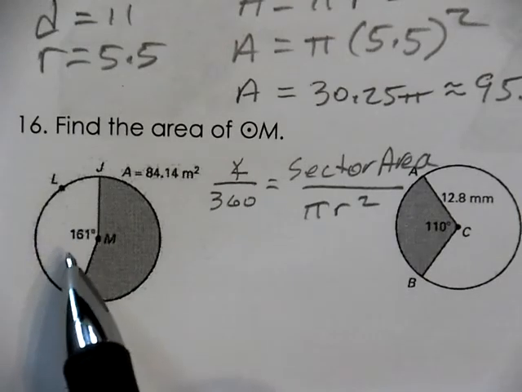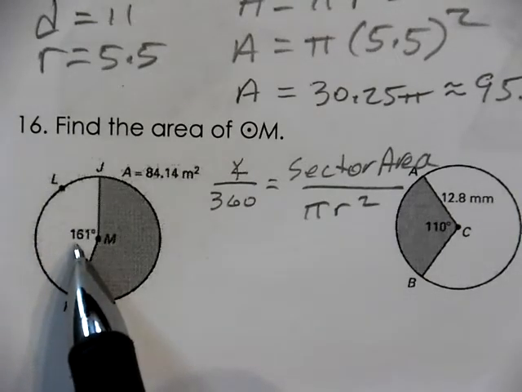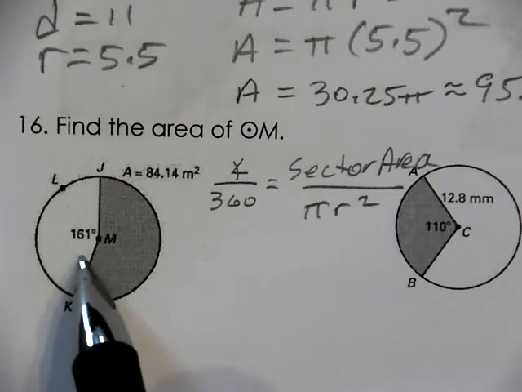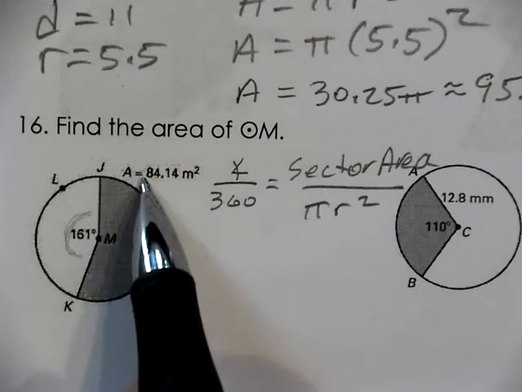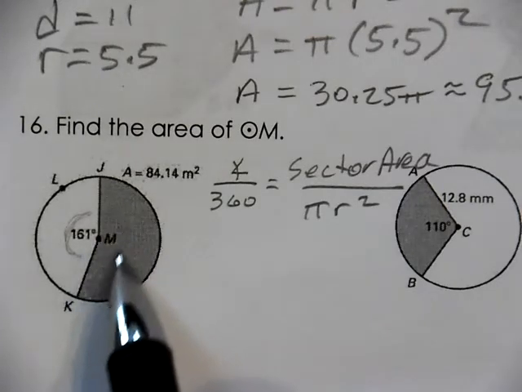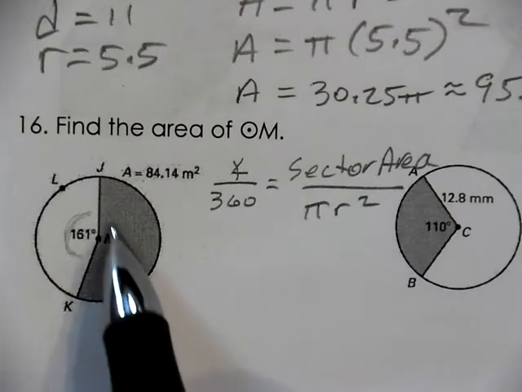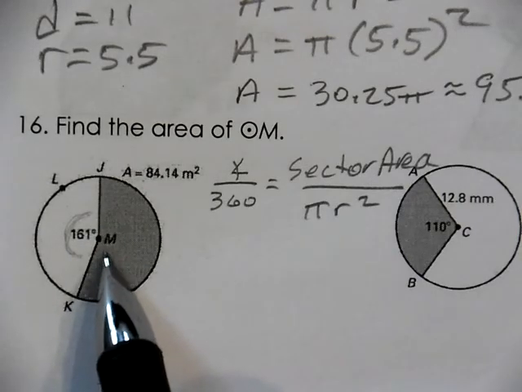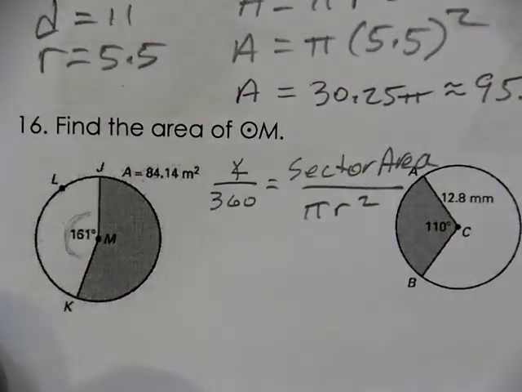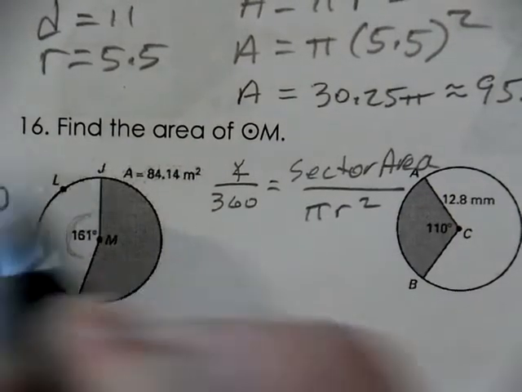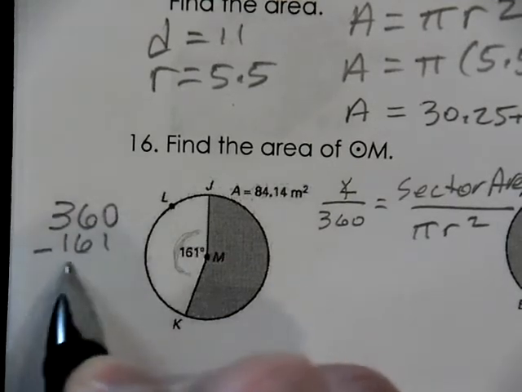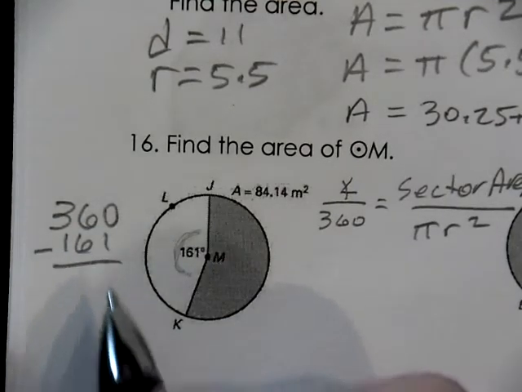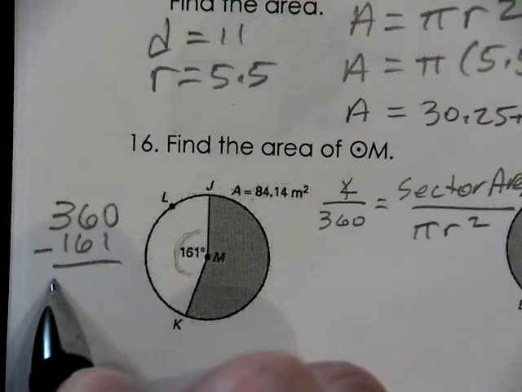Alright, so this is a little tricky. Here they're giving us this angle, but they're giving us the area of this portion. This is the sector, the big pizza slice. So we need to know this angle. So that's going to be 360 minus 161.